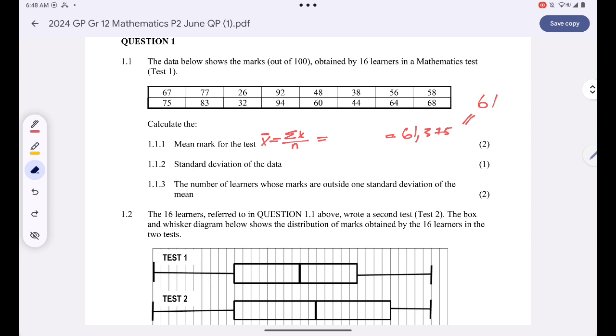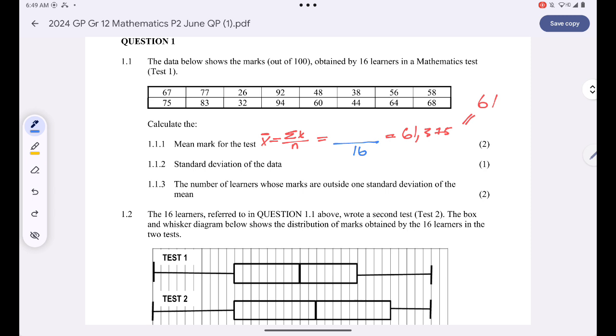And then there are those who would have opted to do this manually. You're just going to add all of these marks and then divide by 16, since the total number of marks is 16. For those using a calculator, just press AC, shift 1, and then option number 3 says sum.